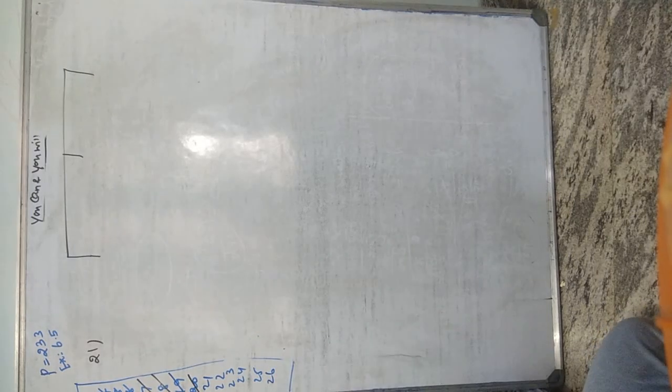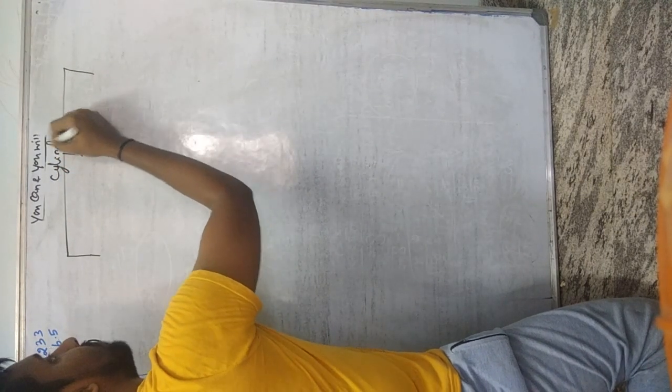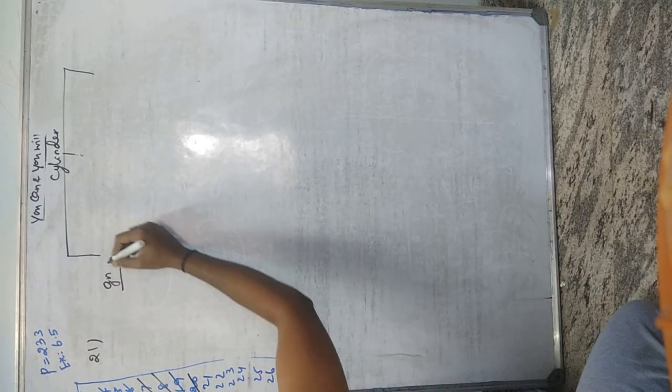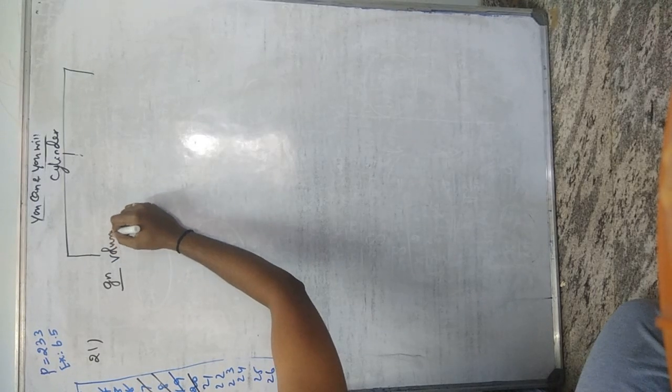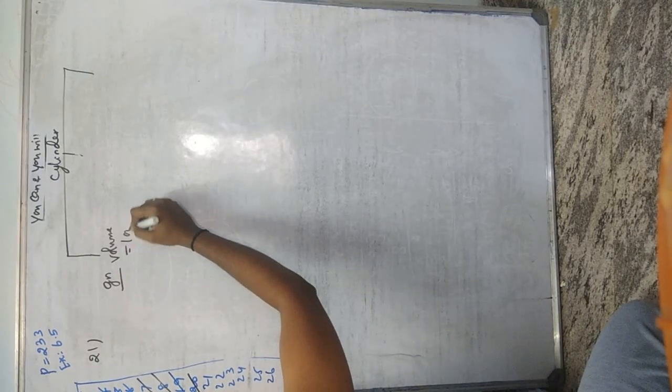First is given, then the result, and max or min. What is the shape they gave? The shape is a cylinder, so you write that the shape is a cylinder. Given: volume equal to 100 cubic centimeter.